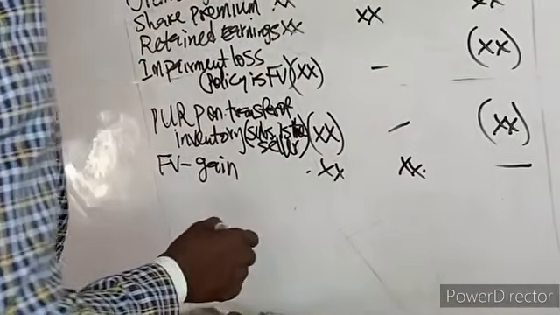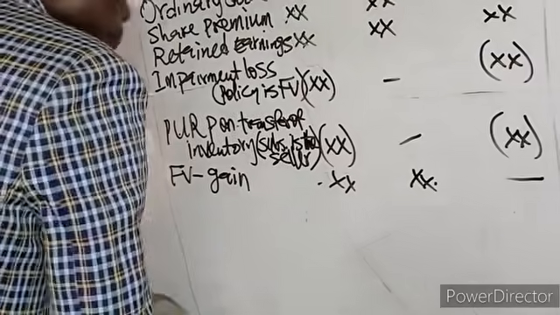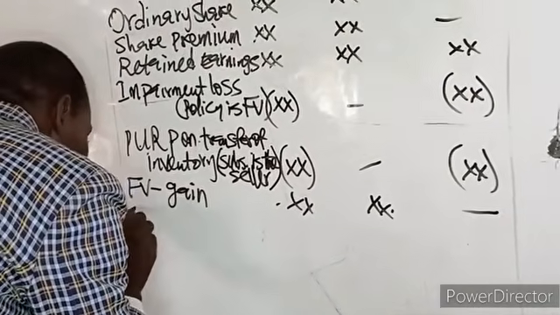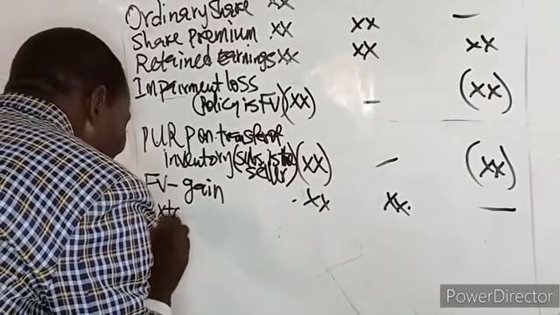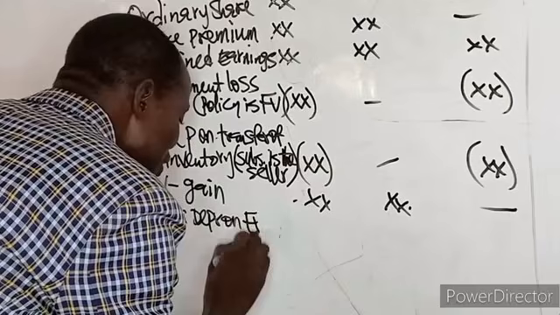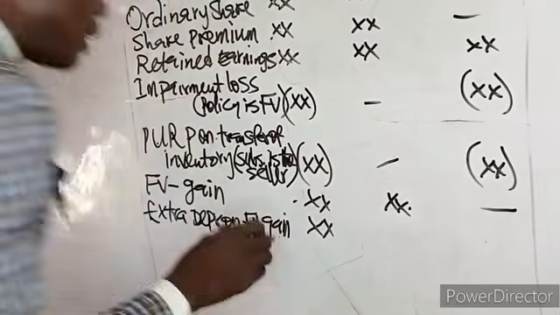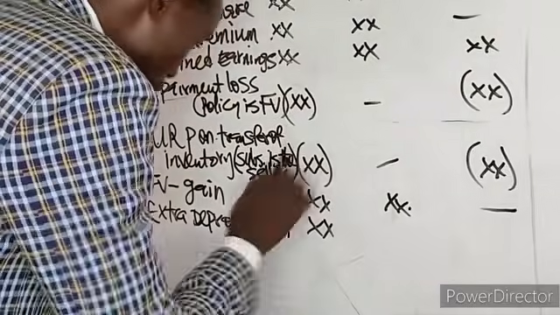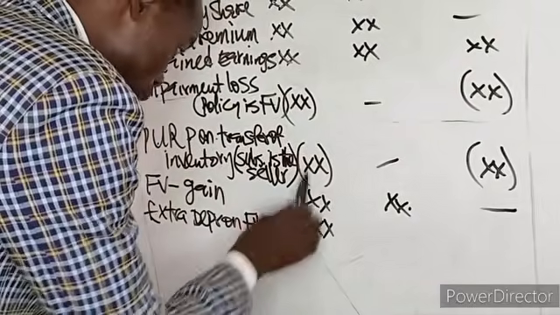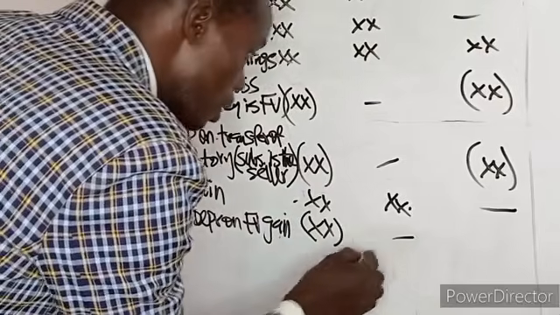Then, where the asset that is fair valued is a depreciable asset, you can have extra depreciation on fair value gain. I want you to know that fair value deficit is the opposite of fair value gain. If it is fair value deficit, you are going to subtract it here. Extra depreciation, you are deducting depreciation.